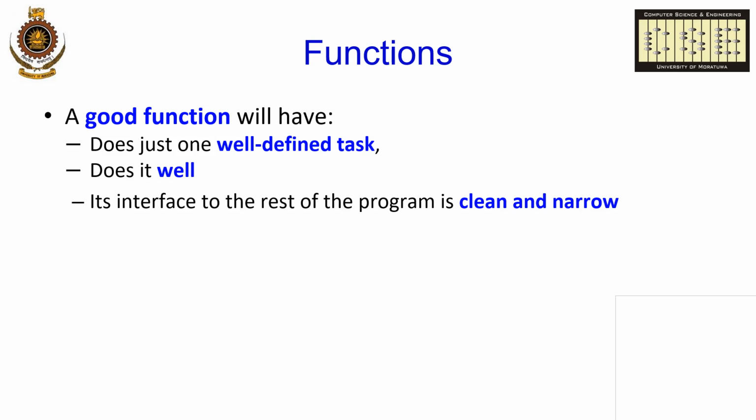So maybe use a list or another custom data structure, right, to pass values efficiently. Pass by reference, obviously, but yeah, pass the arguments efficiently. So that's what we call a narrow interface to the rest of the program, right? As opposed to having hundreds of arguments to be passed.